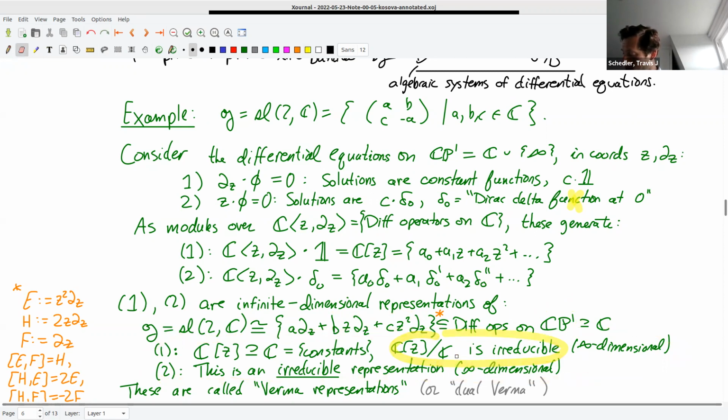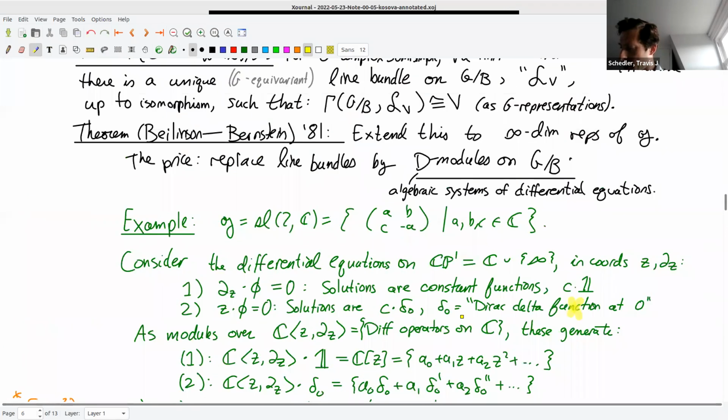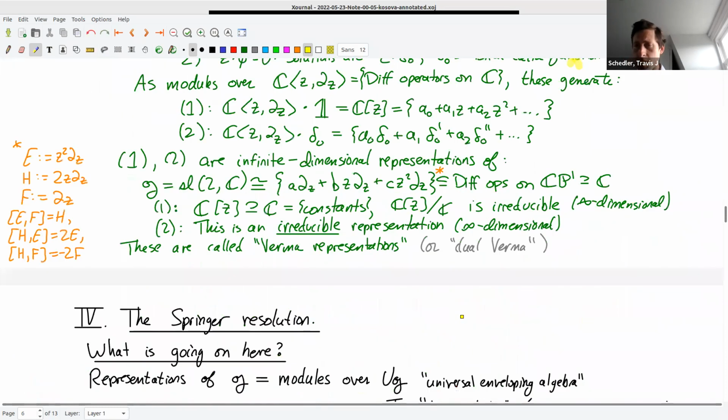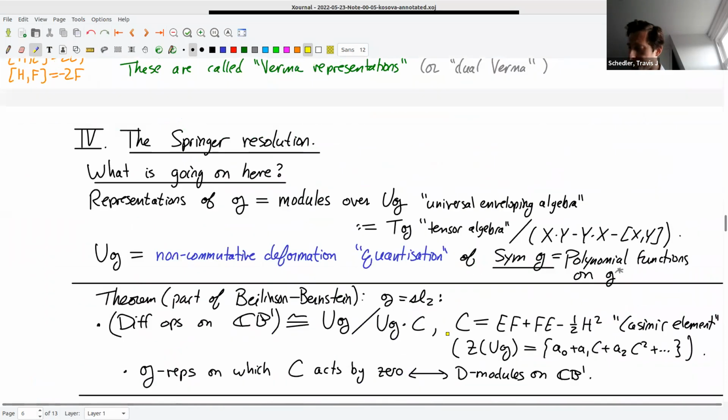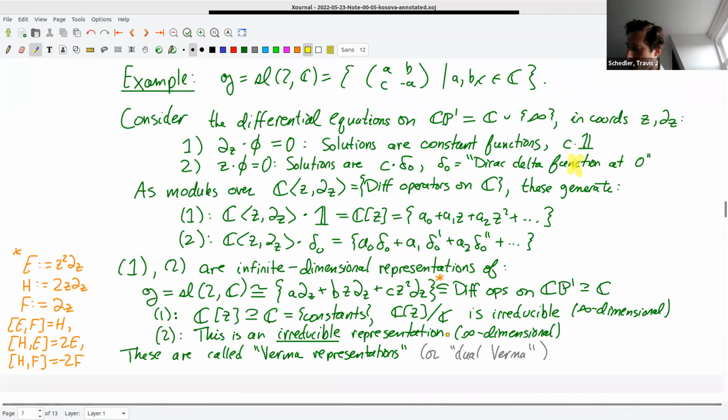The second one is an irreducible representation. These are called Verma or dual Verma, depending on your point of view. I'm not going to go into more detail about that. Just know that by looking at something a little more general, differential equations instead of line bundles, we can get more interesting infinite dimensional representations. Any questions about that before I move on?